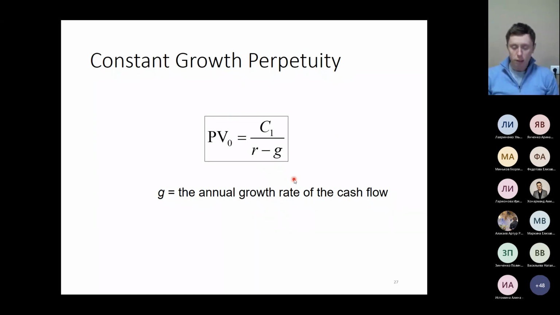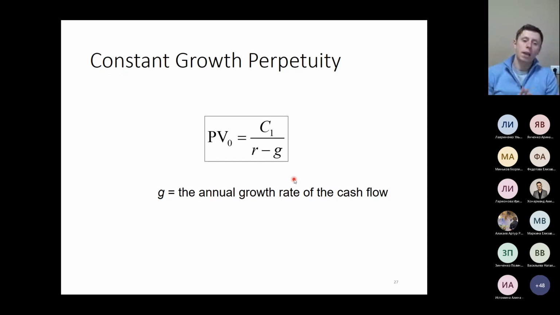If we work with younger firms that might at the first steps grow very fast, then in our economic model we will have separate parts. We have the initial period where the growth is very high, but eventually we assume that the growth will get stable.